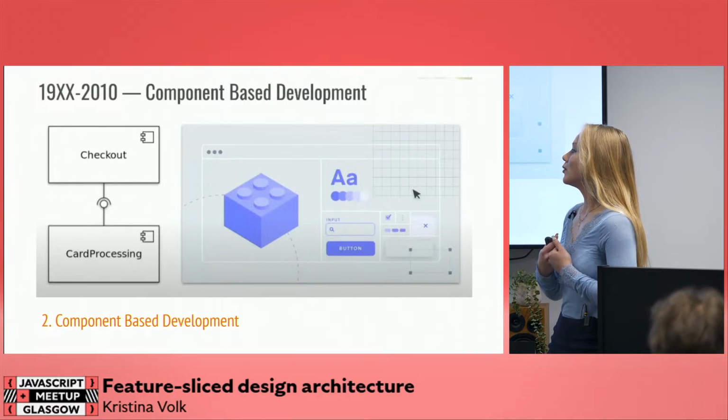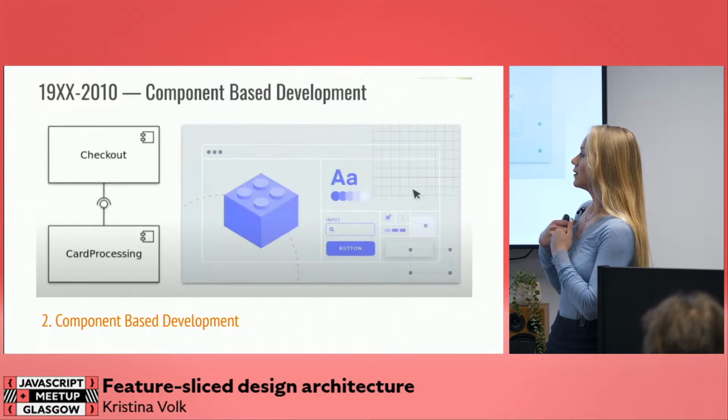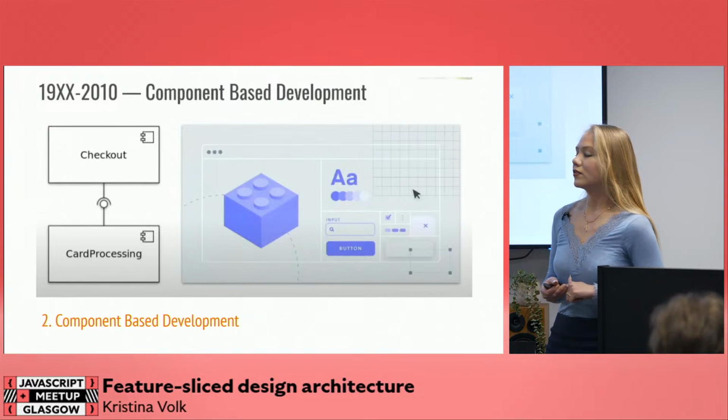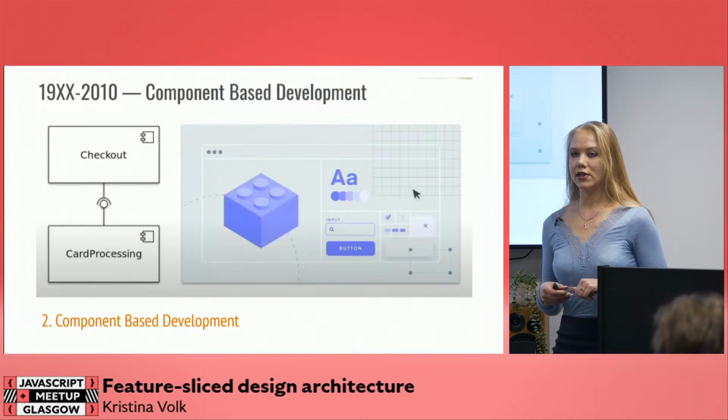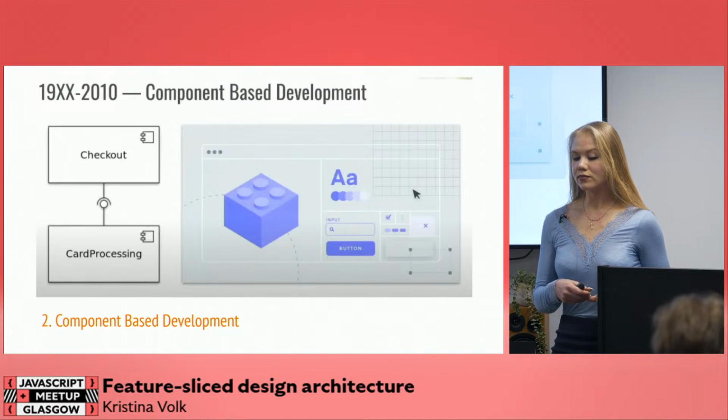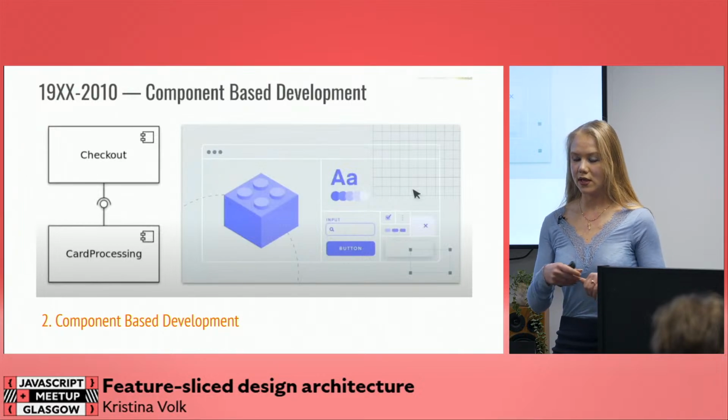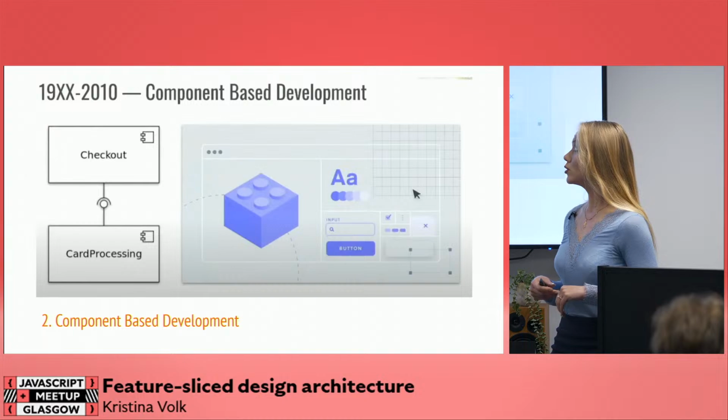Then later, when we were moving forward, it was a great example of how developers understood that we can compose our logic related to one domain, and we can keep it in a kind of module or component.